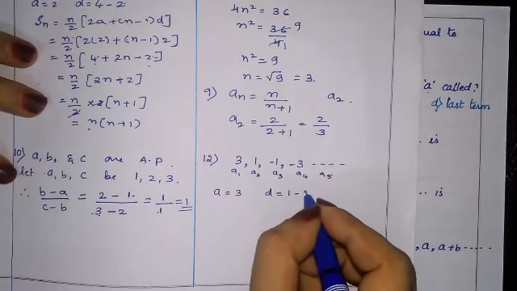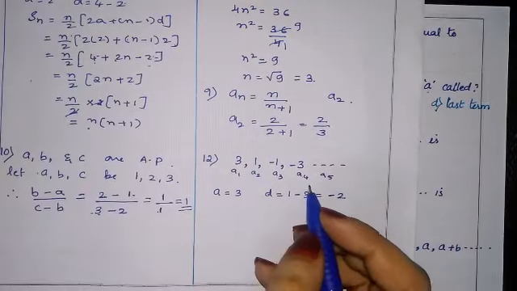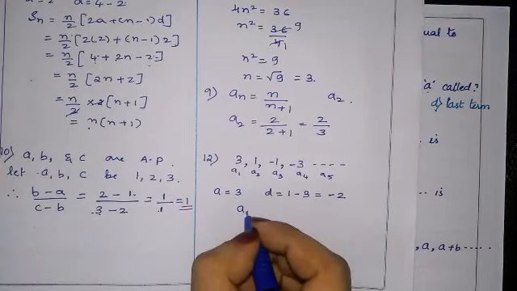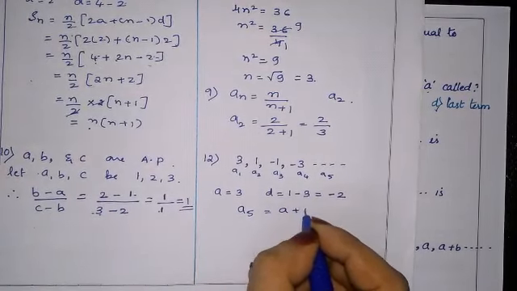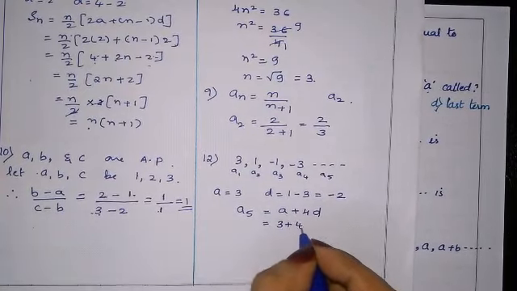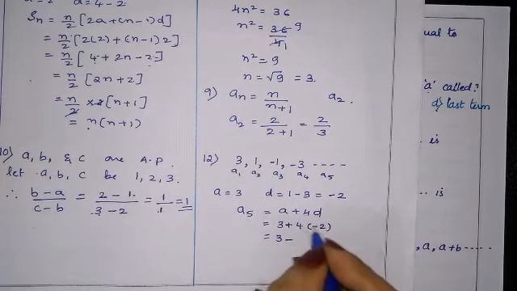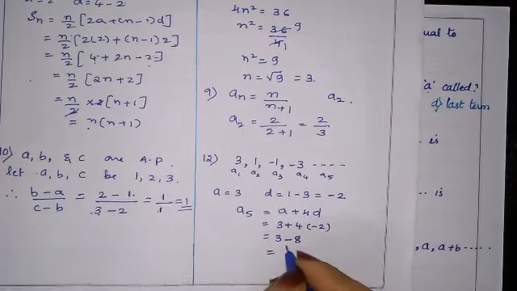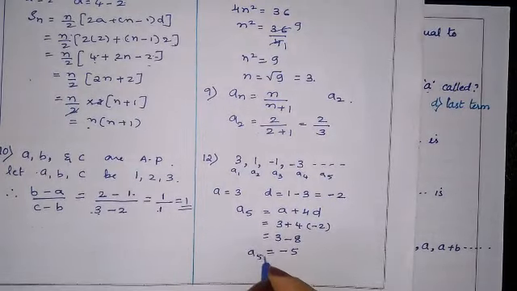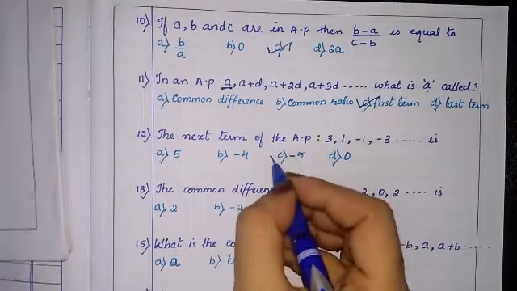D is 1 minus 3, that is minus 2, second term minus first term. Now the fifth term is a plus 4d, which is 3 plus 4 into minus 2. 4 times minus 2 is minus 8. 3 minus 8 is minus 5. So the next term is minus 5. Option C, minus 5, is the correct answer.